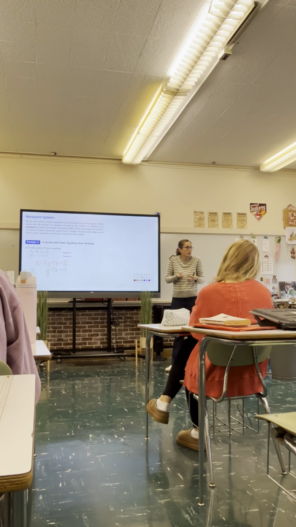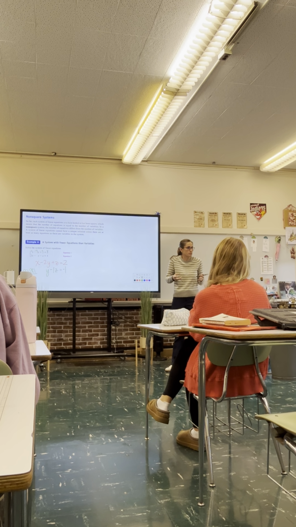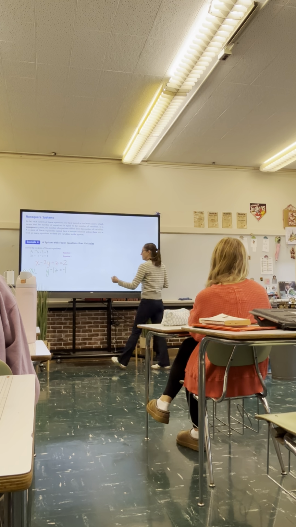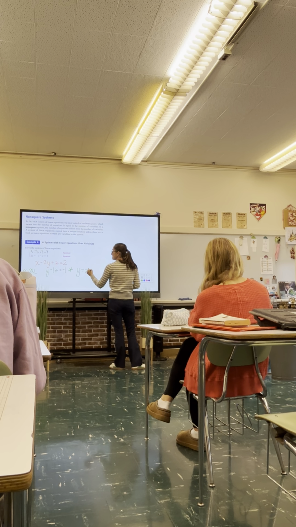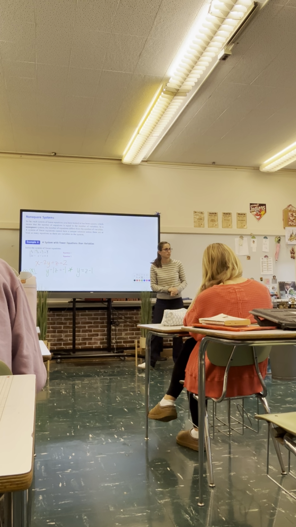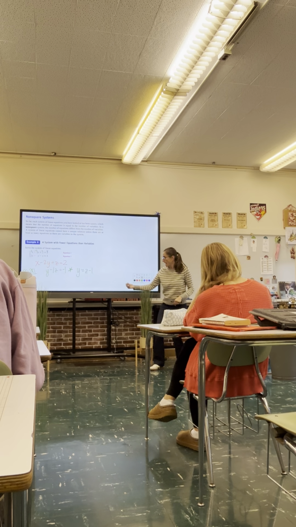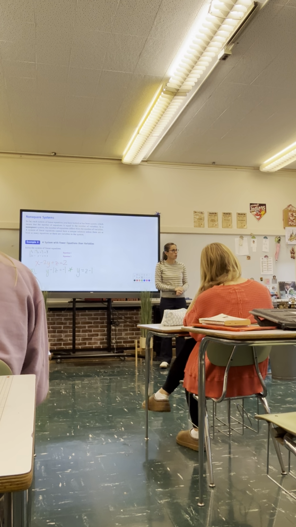Now, I can't do anything else. I can't eliminate anything else. So this is one of those systems where we have infinitely many. From right here, I can say that y is equal to z minus 1. If I add z to the other side, I have z minus 1.